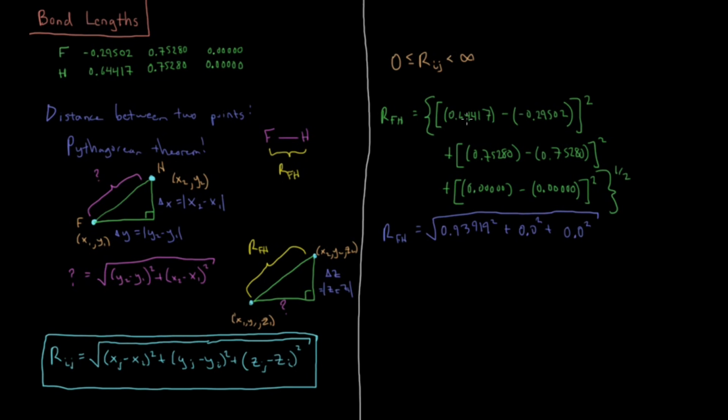As you can see, this distance being 0.939, we square that, add 0 to it, and take the square root. That's just going to give us the same value that we ended up with before: RFH equals 0.939 angstroms. So we've confirmed that we have the correct formula, and this is indeed the same formula that Avogadro was using when it computed that value in our earlier demo.